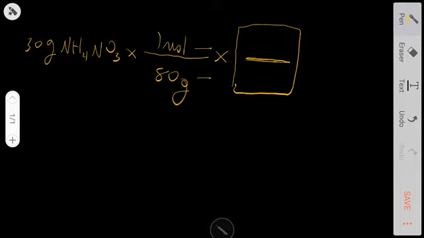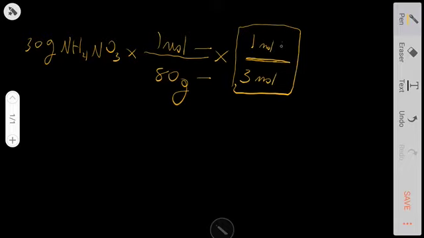And our first product that we're going to consider is ammonium phosphate. When I look at the ratio, I see that in my balanced equation, I have 3 moles of ammonium nitrate, and I only have 1 mole of ammonium phosphate.